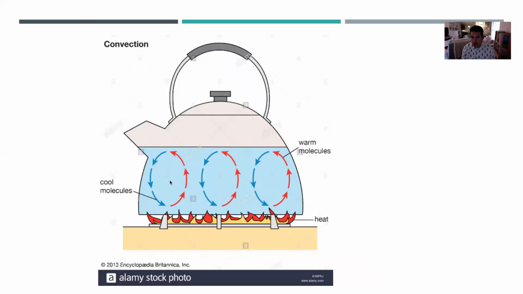So the water at the bottom gets hot, it goes to the top, the cold water comes down. Now the cold water gets hot. So we can get these convection cycles. That's what's happening anytime you boil water. Now, solids typically are better conductors of heat because they don't allow for that movement, so the heat just spreads through the whole thing very evenly, very quickly.